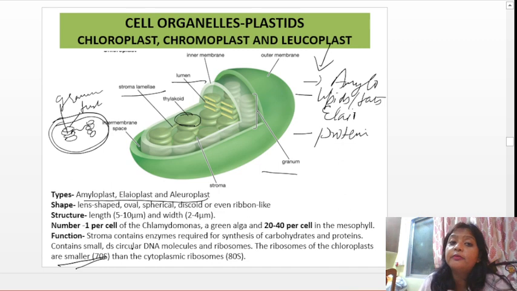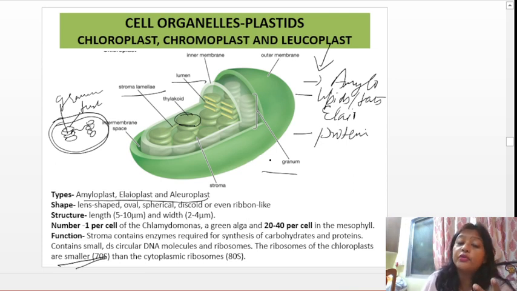Ribosomes present in cytoplasm are of 80S, and those present in plastids are 70S. It contains small double-stranded circular DNA molecules and ribosomes. Carbohydrate and protein synthesis takes place in the plastid. So remember this.